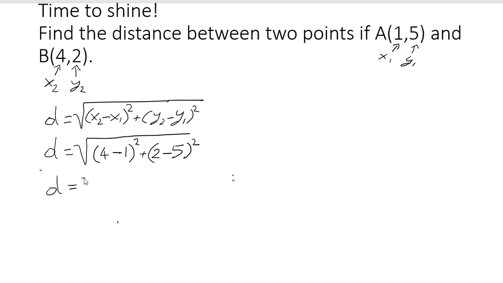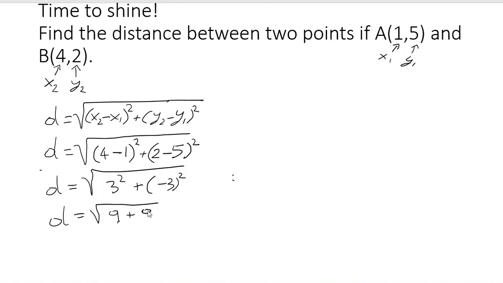D equals 3 square plus negative 3 square. So distance equals square root of 9 plus negative 3 squared, which gives us also 9.